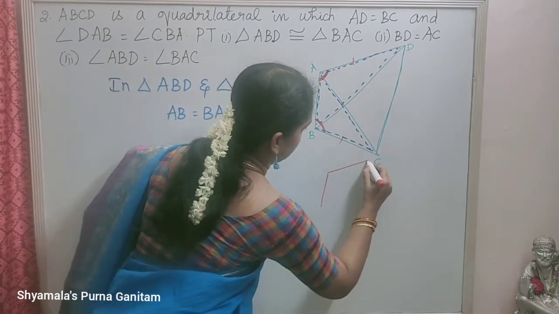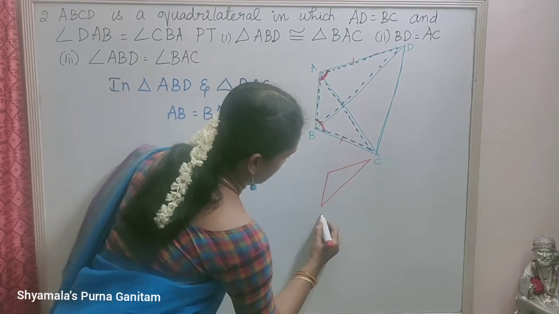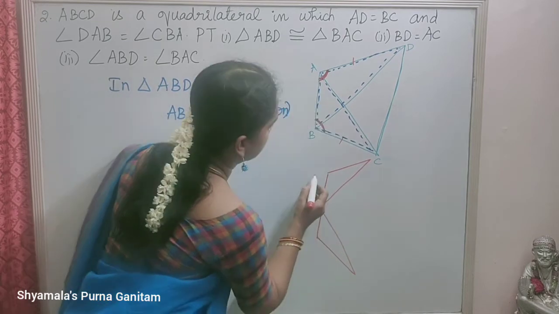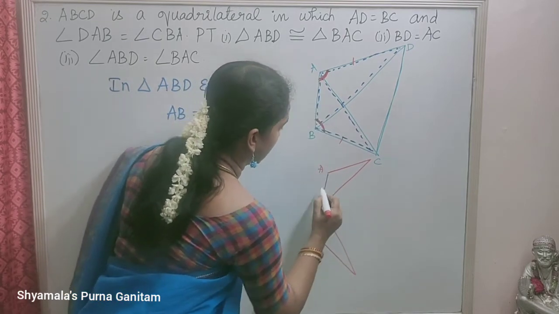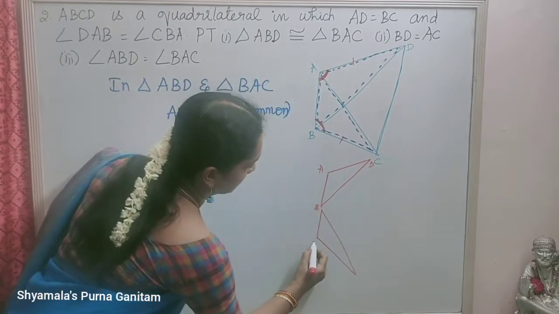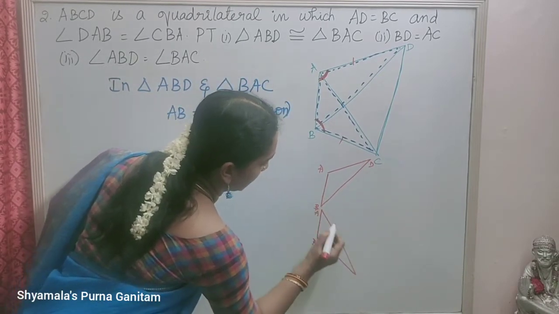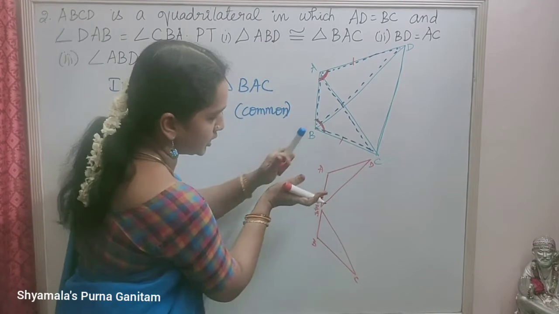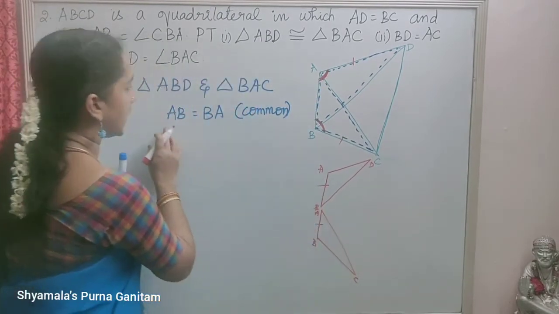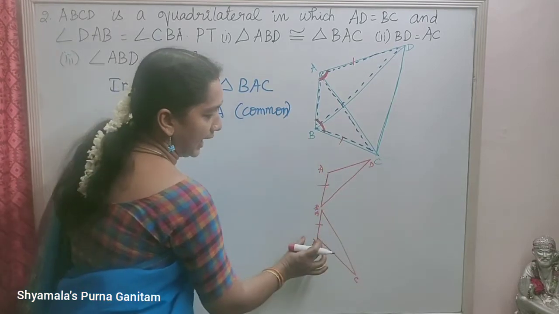If you take these two triangles separately, here you have A, B, D, and here you have B, A, C. So these two triangles are separated, and in these, two sides are common, AB and BA.